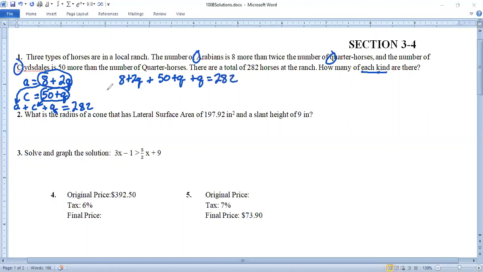And now we're in happy math land. We have one equation with just one variable and we are set. So this substitution to replace the A and the C in this final equation allows us to make that big one. Now we can solve it.